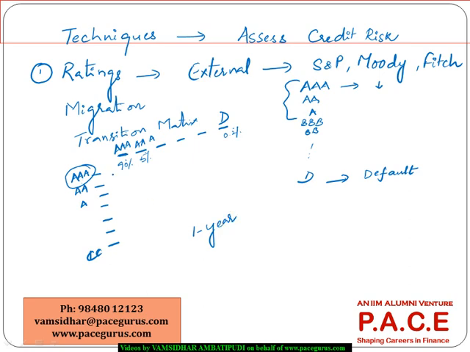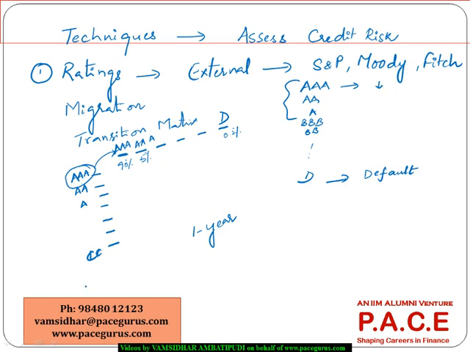Means within 1 year, what is the chance that a firm will move from a AAA rating to a AA rating, or move from AAA rating to default, move from triple B rating to a AAA rating, all kinds of transitions from all states to all other states. The probabilities are mentioned as a part of the transition matrix.